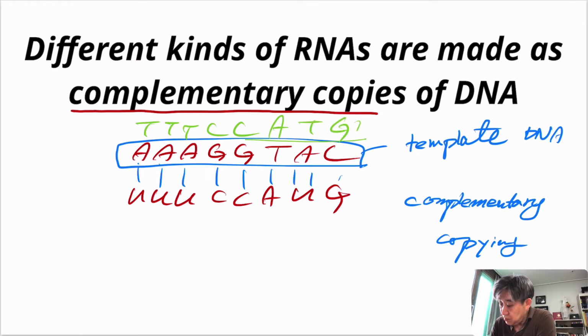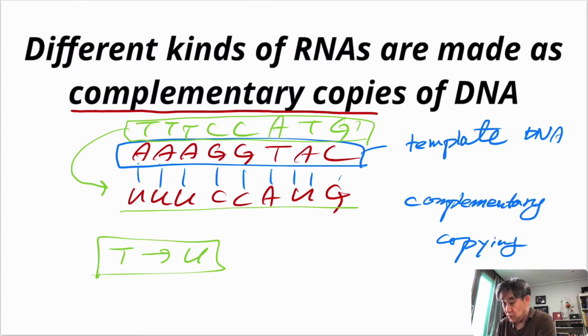So this is the non-template DNA, and if you compare it with the RNA, wow, this is exactly identical to the RNA sequence, with simply a T to U conversion, because thymine is not present in RNA.